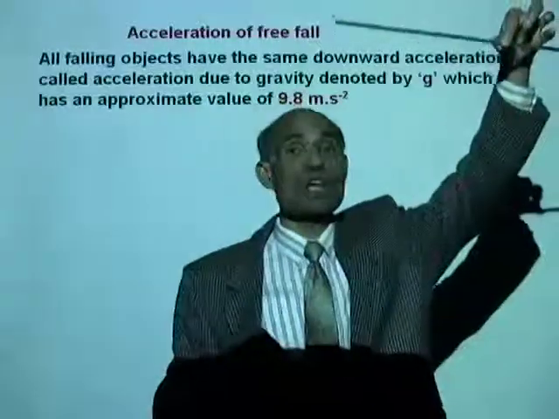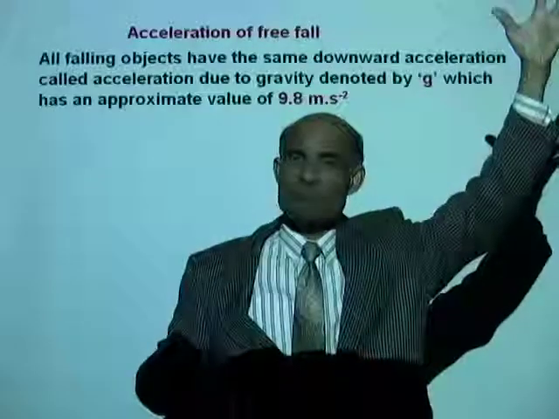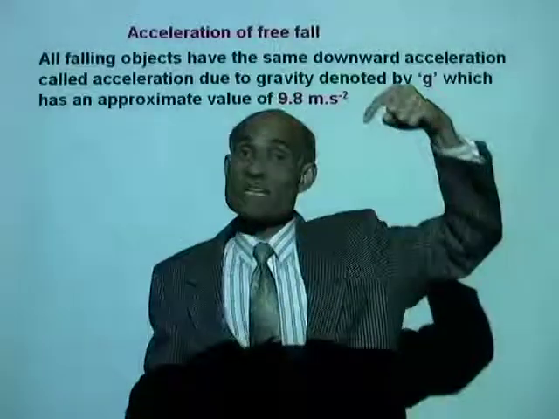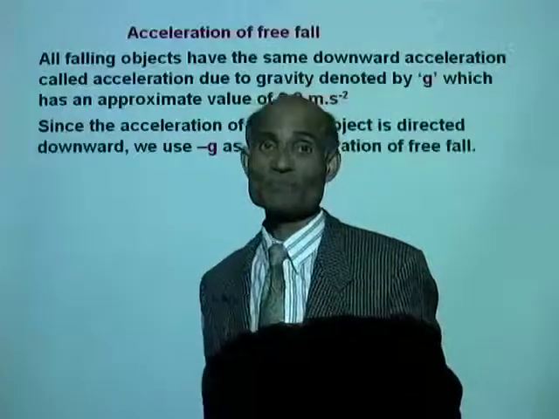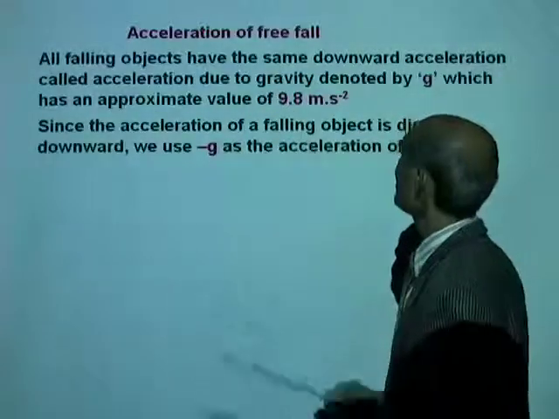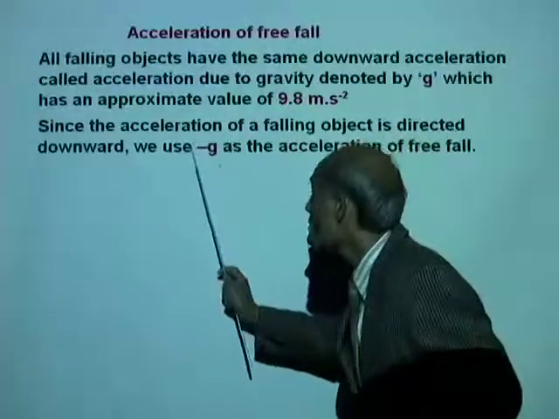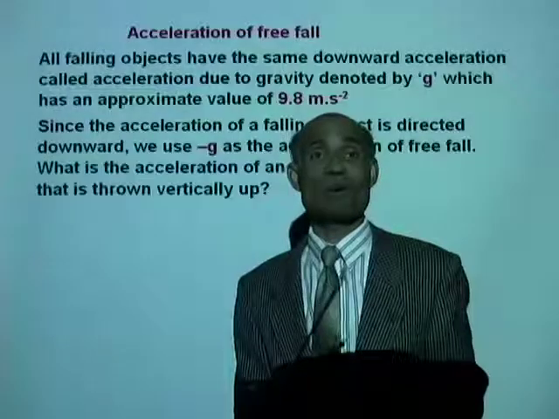So any falling object has an acceleration of negative 9.8 meters per second squared. We use it negative because it is directed downward. Since the acceleration of a falling object is directed downward, we use negative g as the acceleration of free fall.